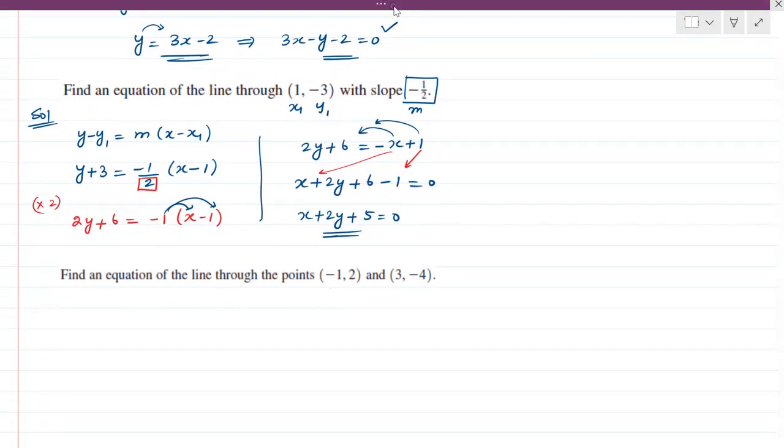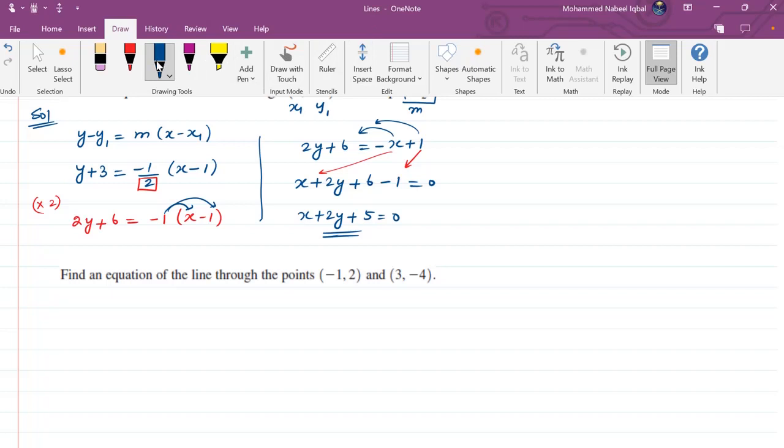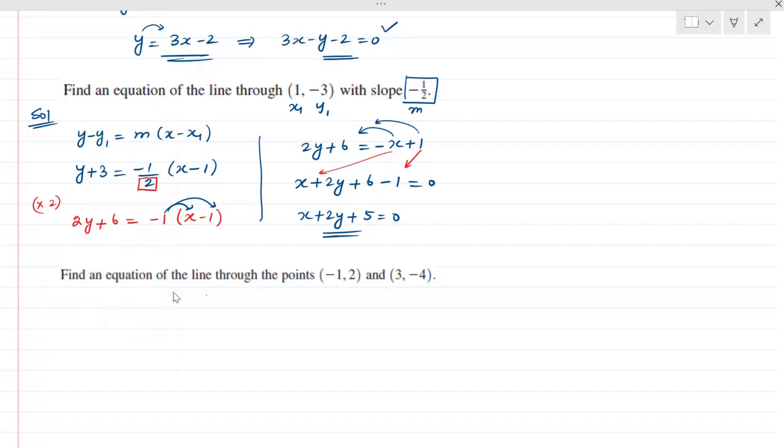Now here there are 2 points given. So in order to find the equation of a line, what do I need here? We have the formula y minus y1 equals m times x minus x1. But in the question, the 2 points x1, y1, x2, y2 are given, and the slope is missing. So it is the same thing we did before.